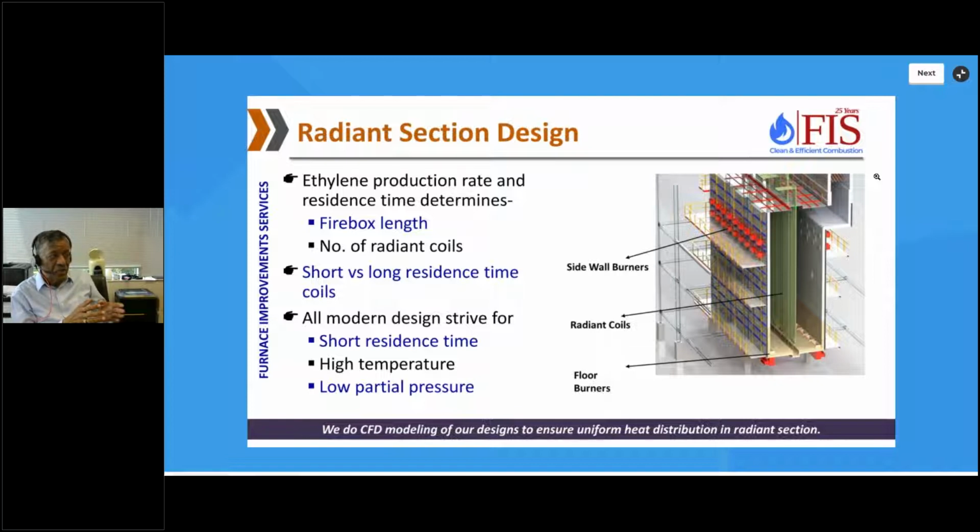A high temperature and low partial pressure. So the way they design the coil is making all the difference over here. But other than that, the box and the convection section remains more or less the same. There is not much difference. In fact, you people have been retrofitting different coils to get more capacity from the cracking furnaces.